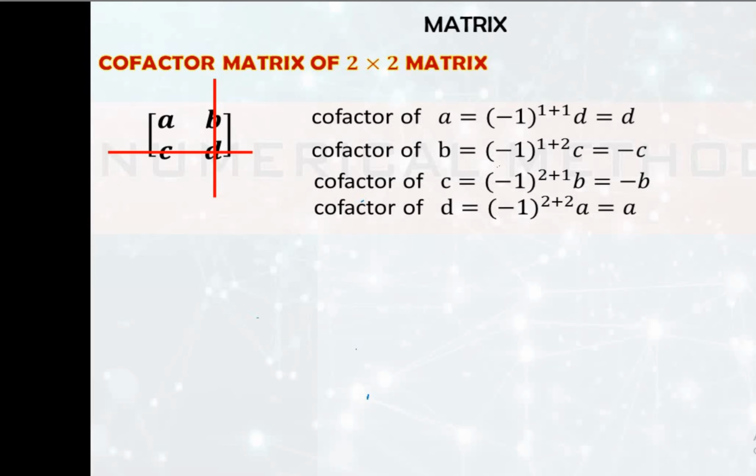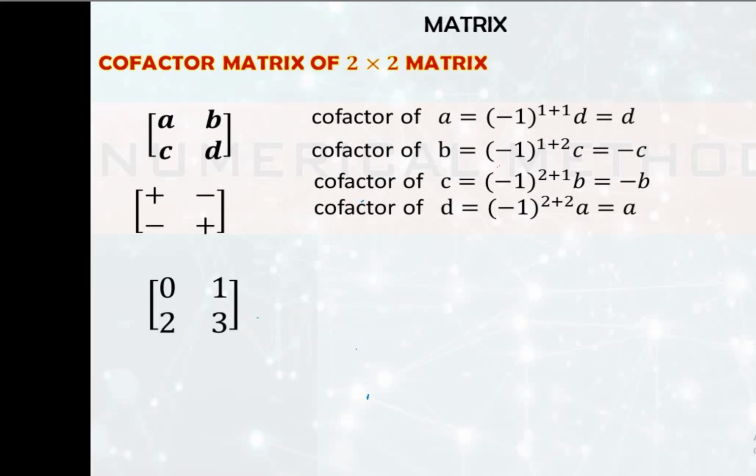So, ito po ang mga cofactors ng aking matrix with elements A, B, C, and D. Now, be careful with your signs. Ito yung magiging sign na magiging guide natin as we go on with our discussion. So, alternating yung ating sign conventions.